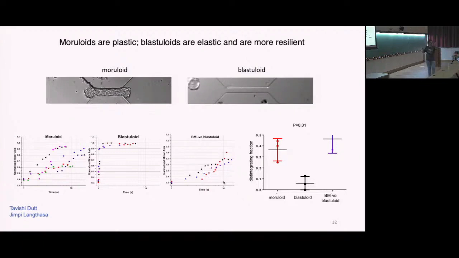So we are deliberately deforming these structures, and we are seeing that the hollow ones are able to recover their state, whereas the solid spheroids were not able to recover, so much so that we also saw a greater proportion of disintegration of the solid spheroids with respect to the hollow spheroids. So now we were able to distinguish the functionalities: not just that they look different, they also behave in distinct ways under the challenges that we provide them in terms of their mechanical behaviors as well.